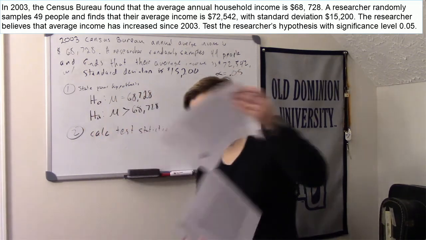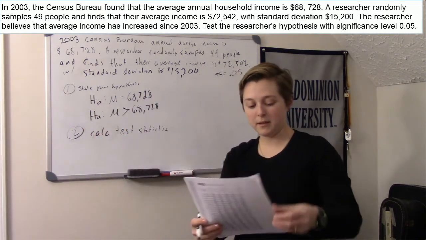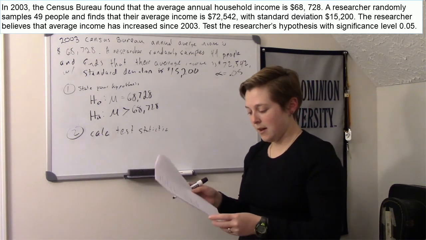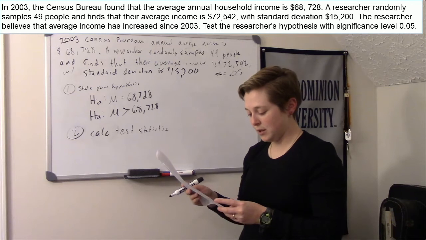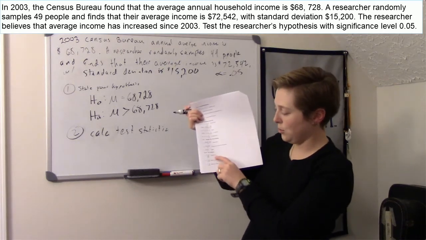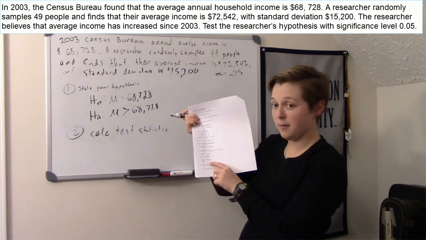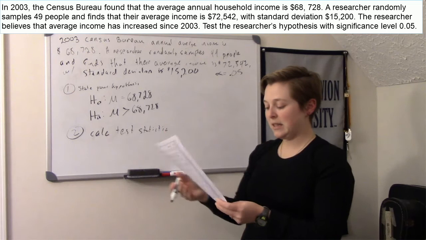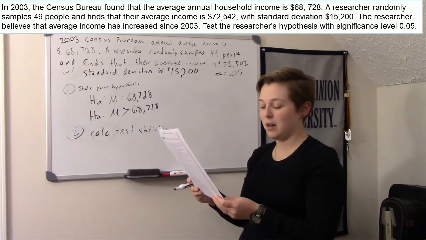You have this formula sheet on your exams. Under chapter 8, there are 2 different test statistics when you're doing a hypothesis test for a mean. The first one says sigma known, and the other one says sigma unknown.